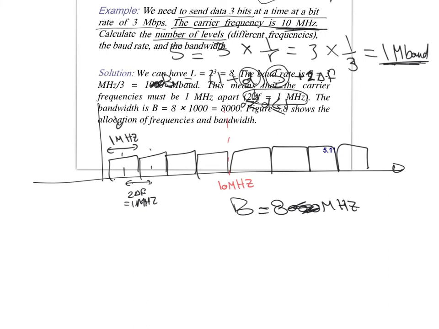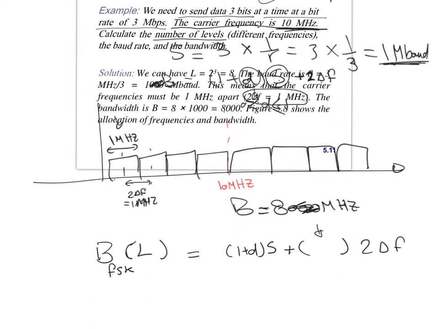In other words, the bandwidth for FSK as a function of the number of different levels equals the bandwidth for one symbol, which is 1 plus d times S, plus 2 delta F, which is the separation between the different symbols.